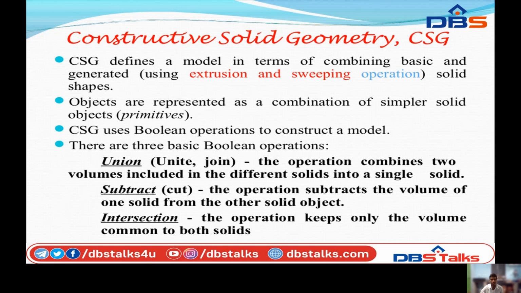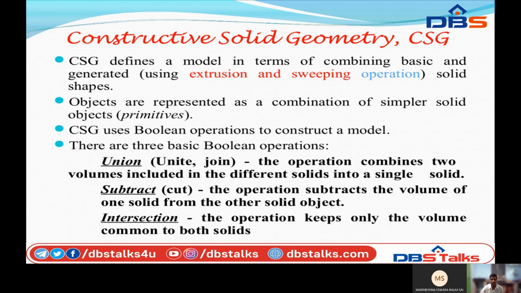Next, coming to subtraction. Subtraction is nothing but removing an object. That means cutting, as the operation subtracts the volume, again based on volume, of one solid from the other solid object.